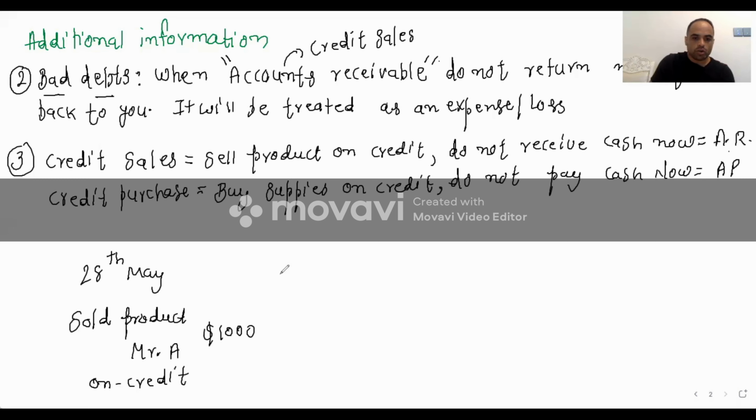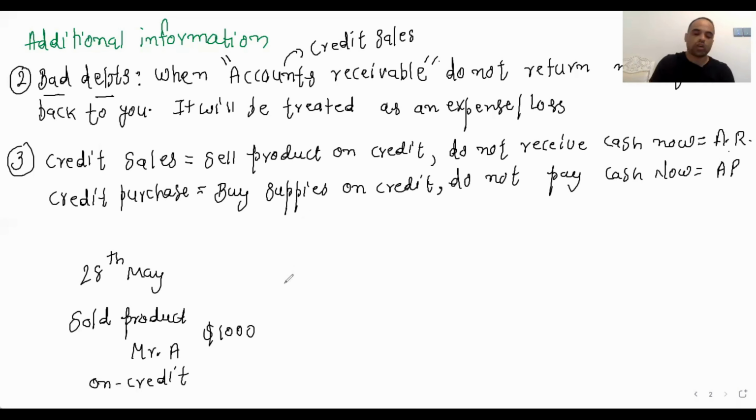So product sold to Mr. A on credit. So what will be the journal entry now? Quickly tell me the journal entry for this situation.